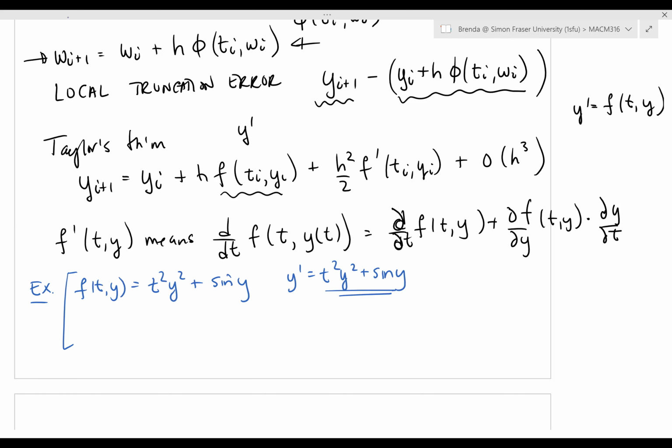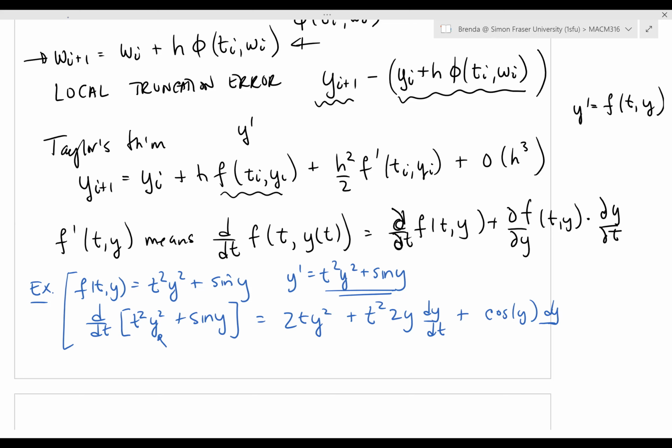Now I want to take the derivative with respect to t of this thing. This is a function of t. So my derivative here is going to be 2t times y squared plus t squared times 2y, dy/dt, plus cosine y, dy/dt.